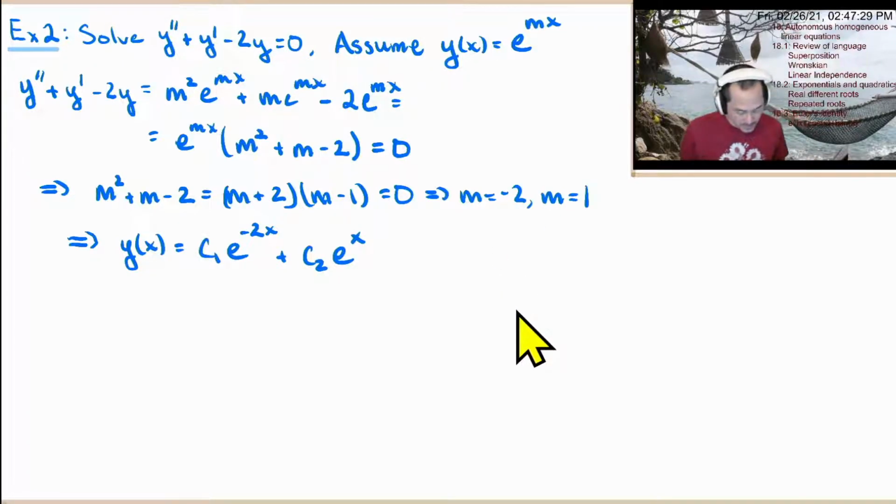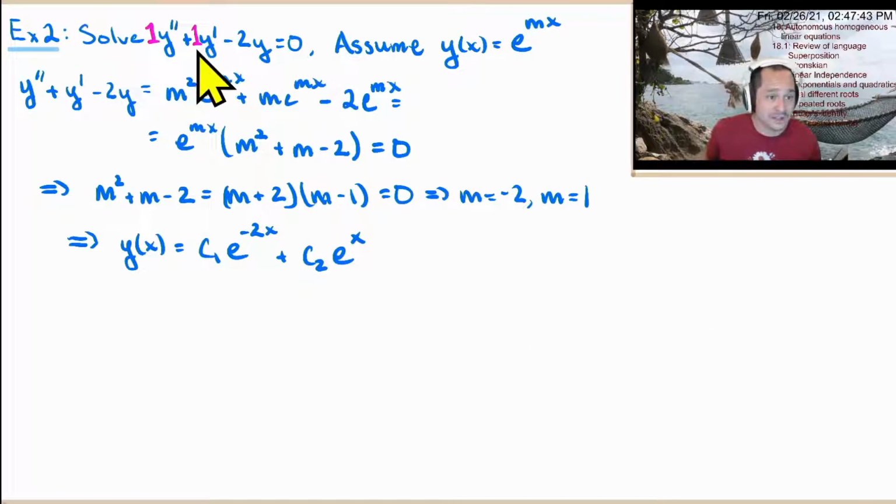Okay. What I want to point out is the following. If I write a 1 right here and a 1 right there up in the diffie-q, I haven't changed the equation. But there's a 1 right here and a 1 right here in the polynomial.